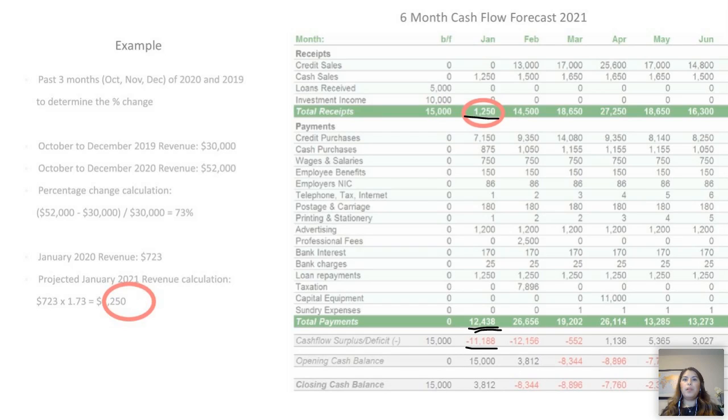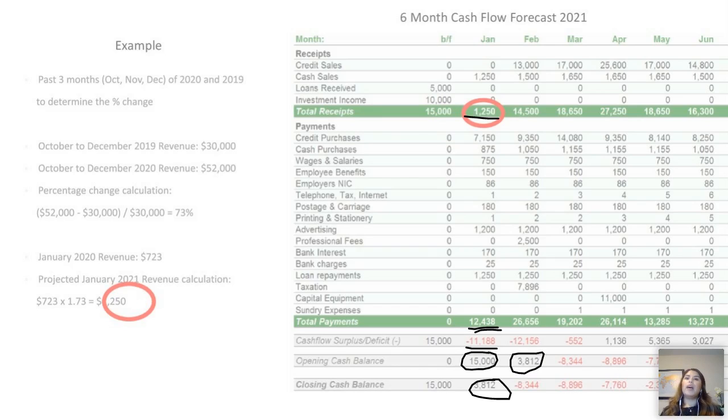But then you plug in your opening cash balance from your bank account, your bank ending in December 31, 2020. So you started January off with 15,000, and then the difference is your 38. And you do this for every month. The 38 becomes your opening balance here in February.